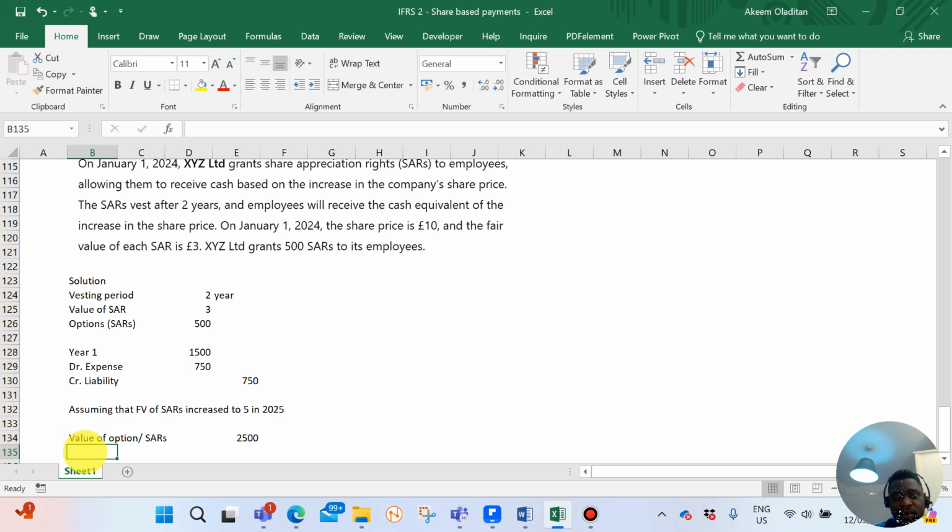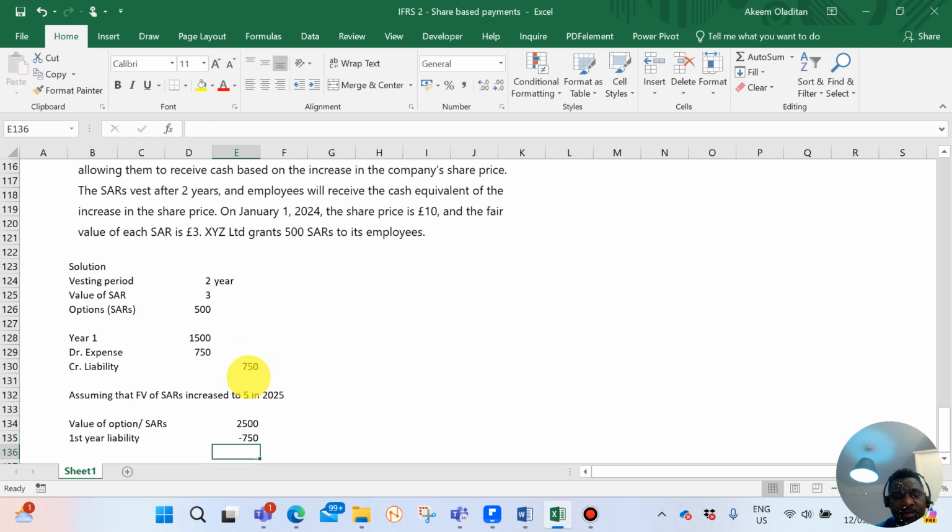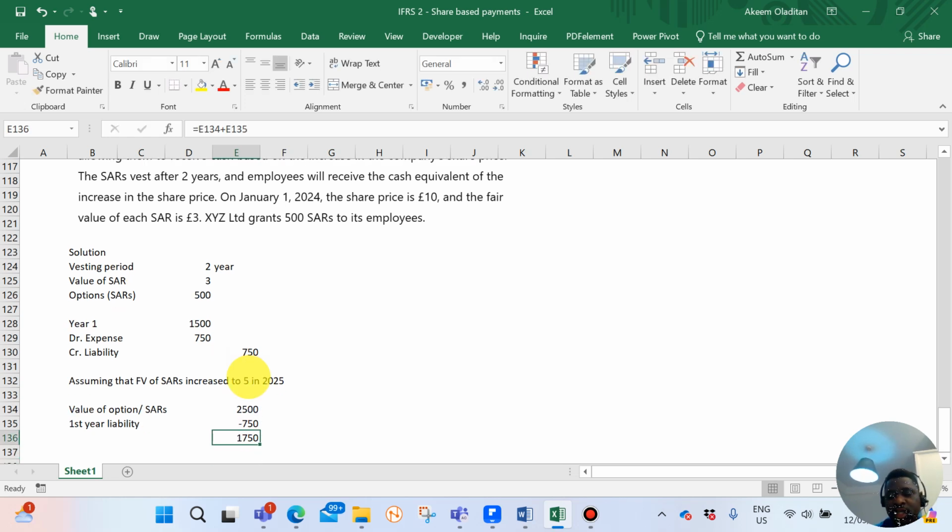So what we now do is we say, first year liability, how much is it? What we charged to liability is this 750. So we now work out the balance that will be posted in year 2.